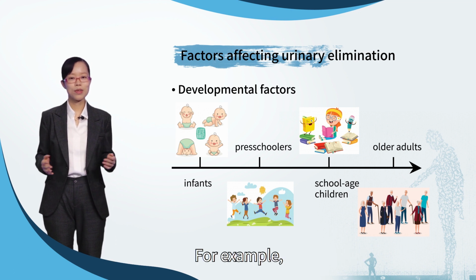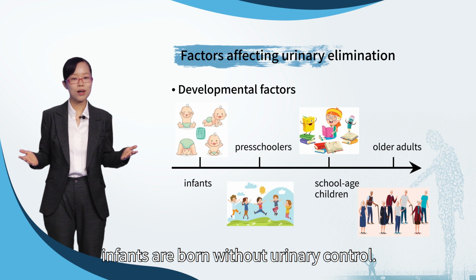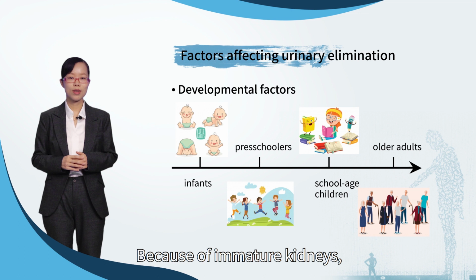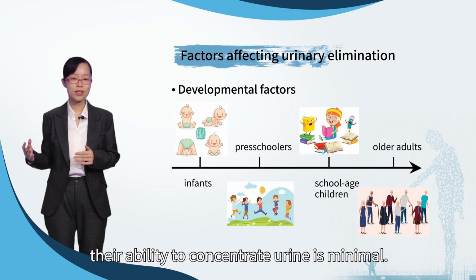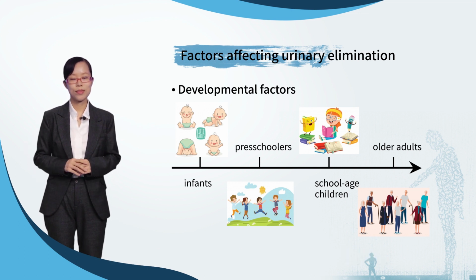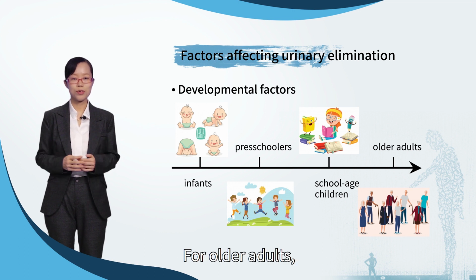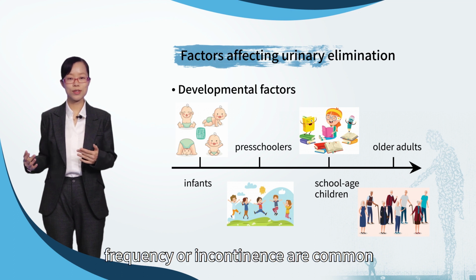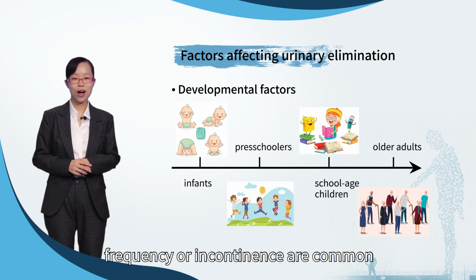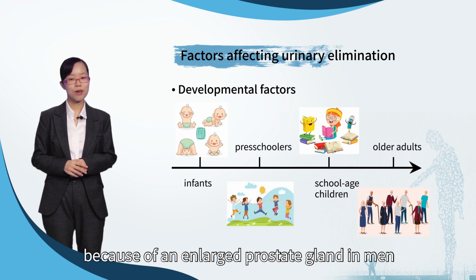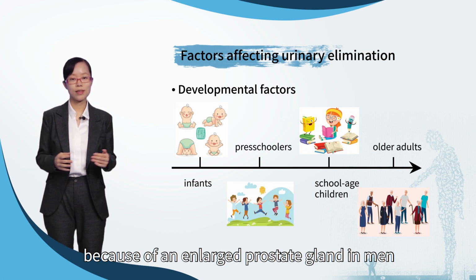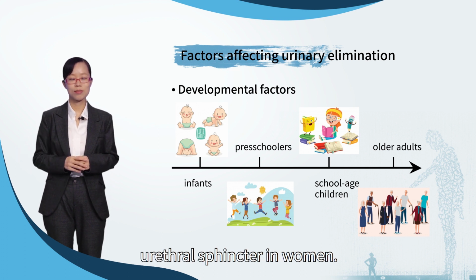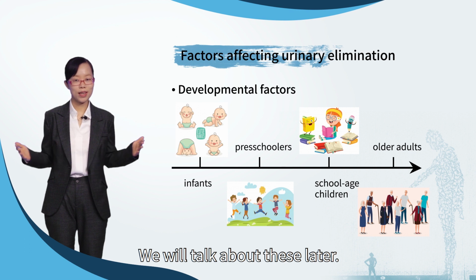For example, infants are born without urinary control. Because of immature kidneys, their ability to concentrate urine is minimal. For older adults, complaints of urinary urgency, frequency, or incontinence are common because of an enlarged prostate gland in men and weakness of the urethral sphincter in women. We will talk about these later.